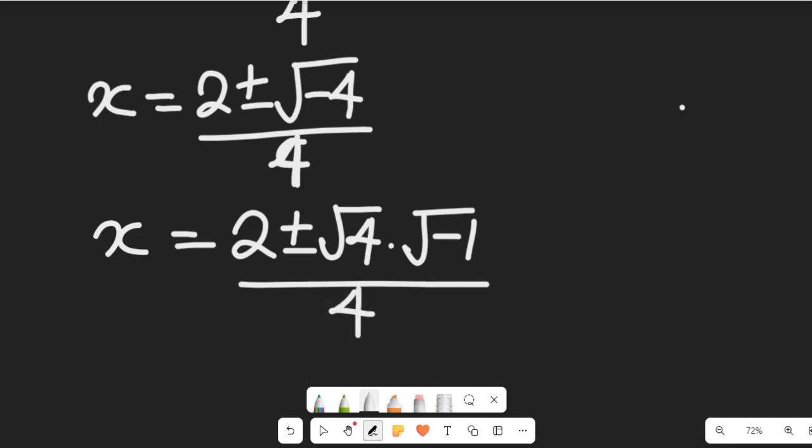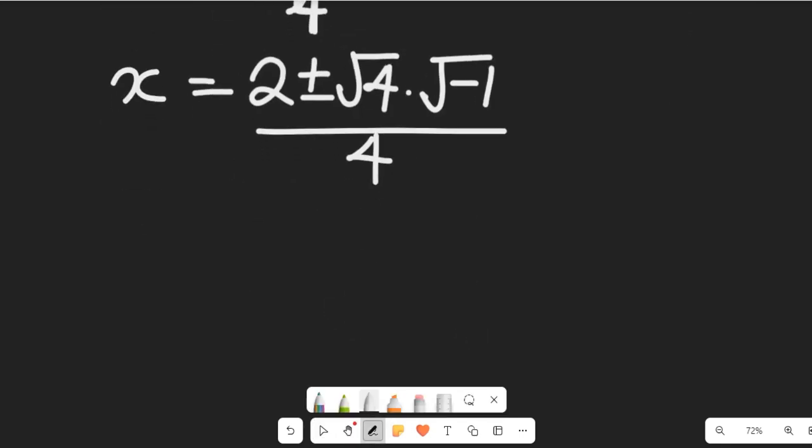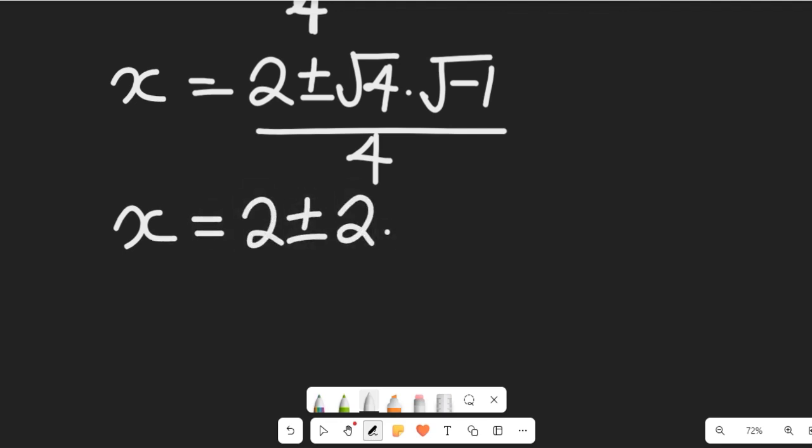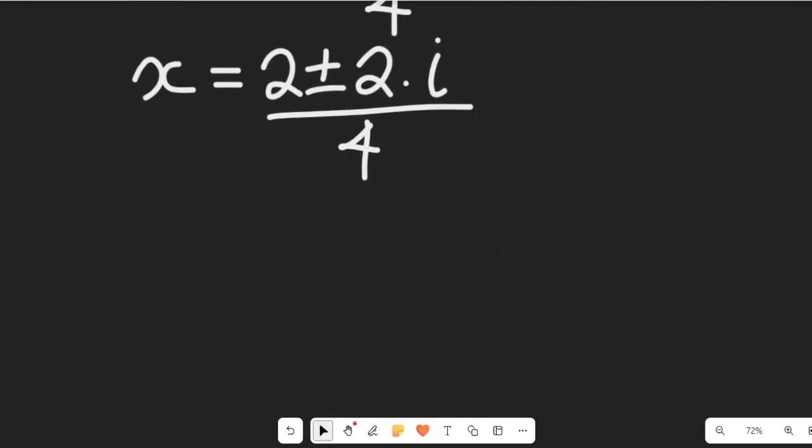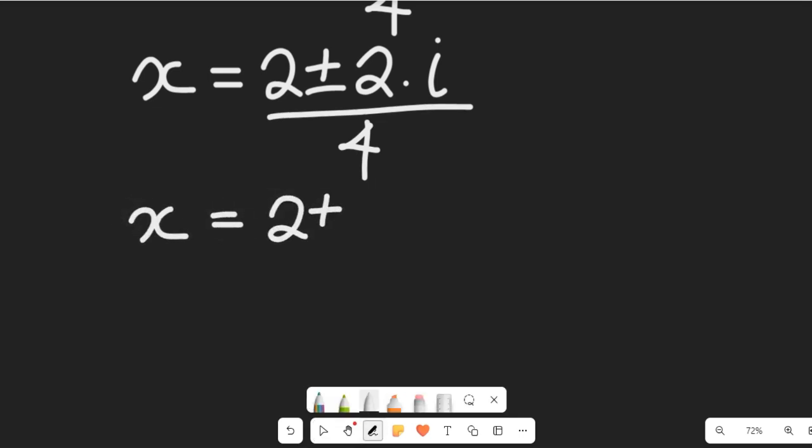All divided by 4. So that expression can now be x equal to 2 plus or minus 2 multiplied by j. Now remember, the square root of negative 1 is equal to j, and all this will be divided by 4. So, simply put, we'll have x equal to 2 plus or minus 2i divided by 4.